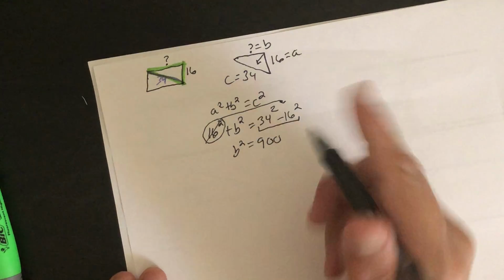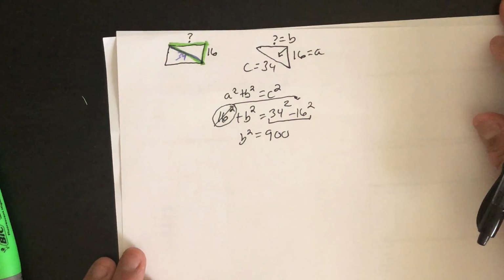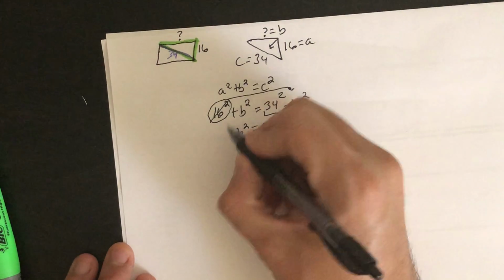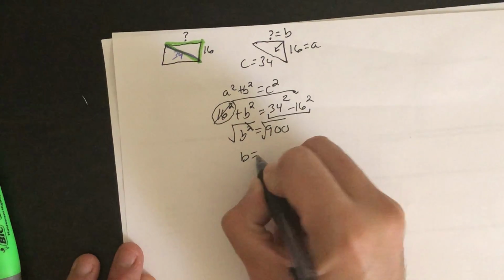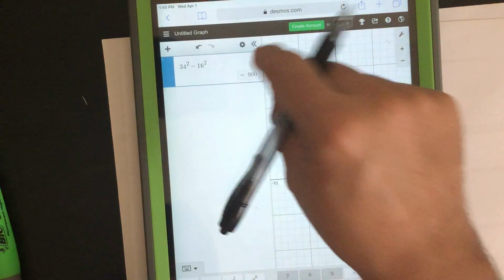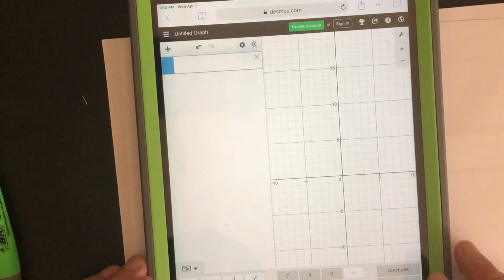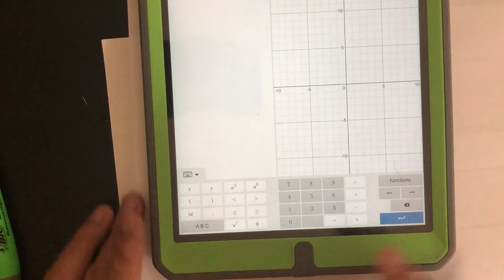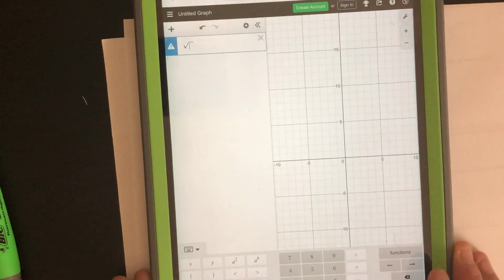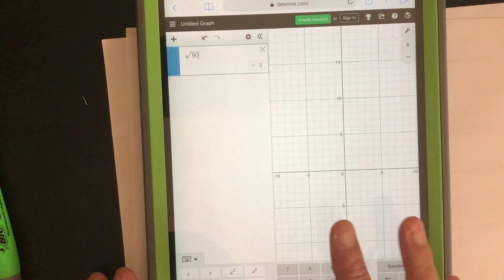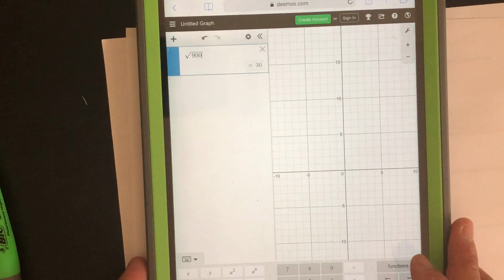Then the opposite of a square is square root. So the square root of 900, get your Desmos out. And in case you forgot where the square root symbol is, the square root symbol is down here. Then click square root of 900, and I believe that gives you 30.